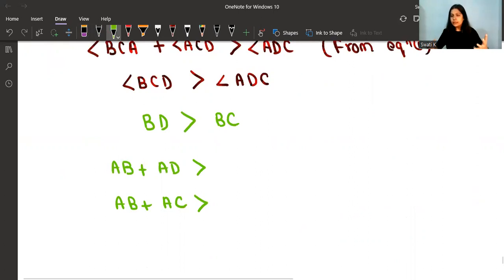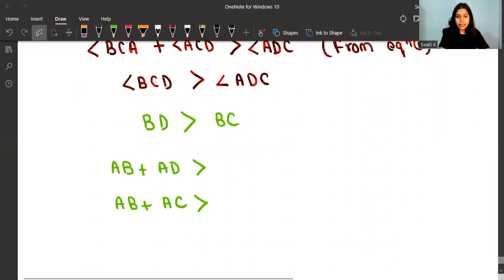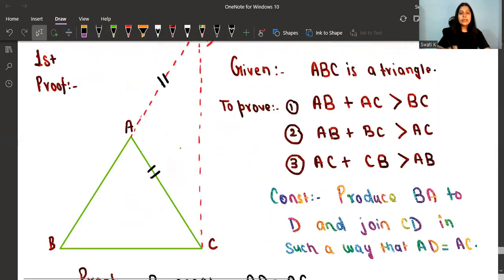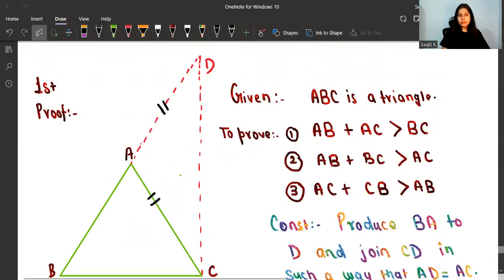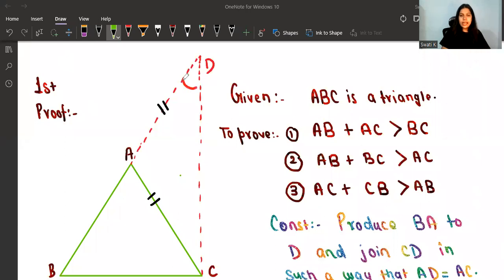Because what is the property? The property is the side which is present opposite to the angle. So here, if you consider angle ADC, let's look at the diagram again. As you can notice here, this is the angle ADC, right? Now, the side present opposite to this is not AC.